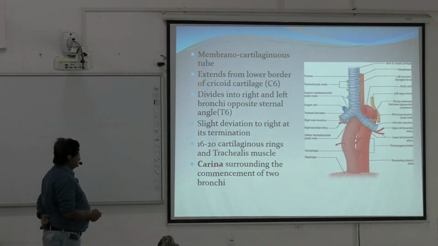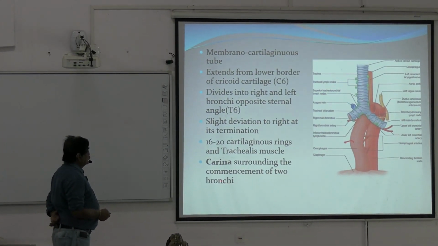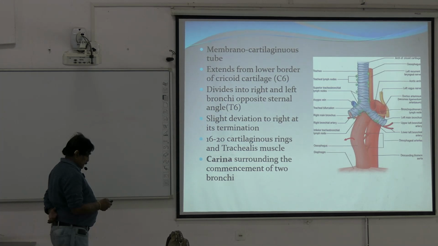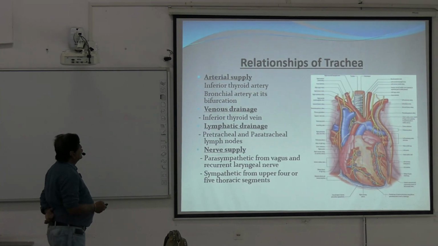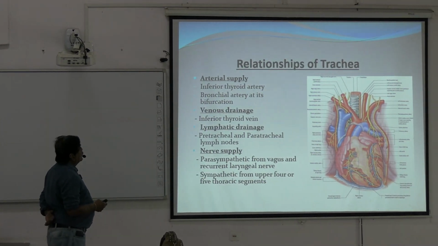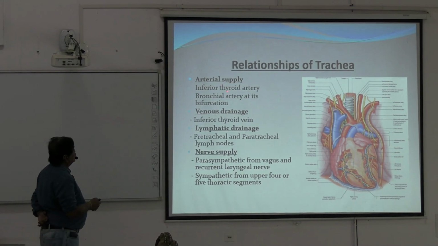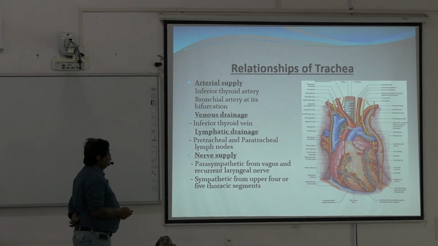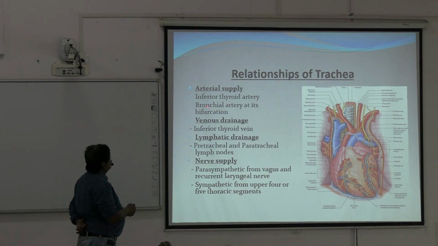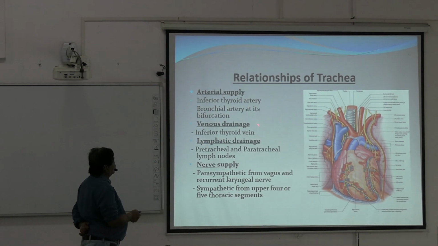Now, this is the carina, surrounding the commencement of the two bronchi. Relations of the trachea: arterial supply, inferior thyroid artery and bronchial artery at its bifurcation.